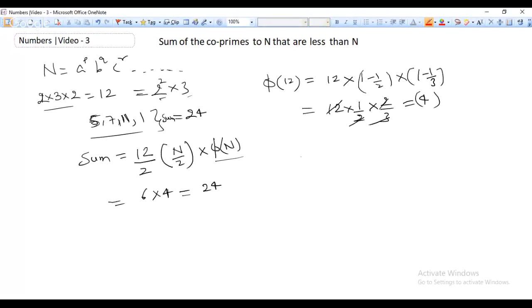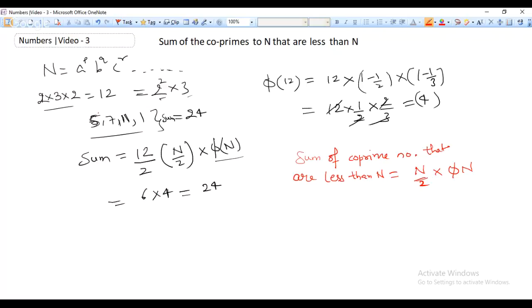The general formula of the sum of co-prime numbers that are less than n would be equal to n upon 2 into phi n. Right? Now, why was the sum 4 into 6?